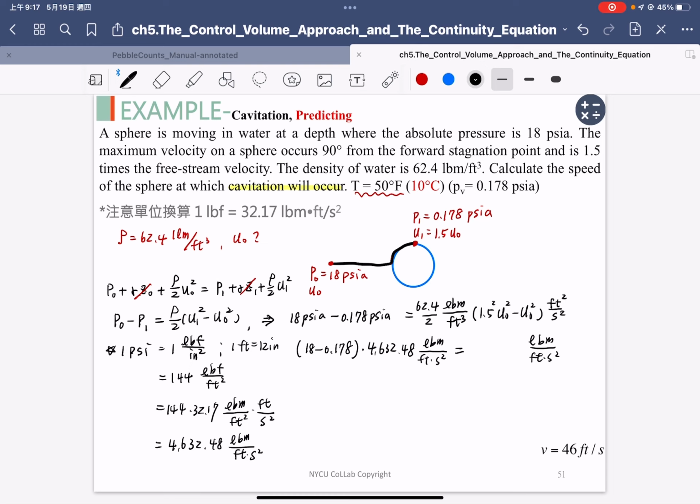1.5 square minus 1, multiplied by the density 62.4 divided by 2. So here is equal to 39, and we have a u0 square.